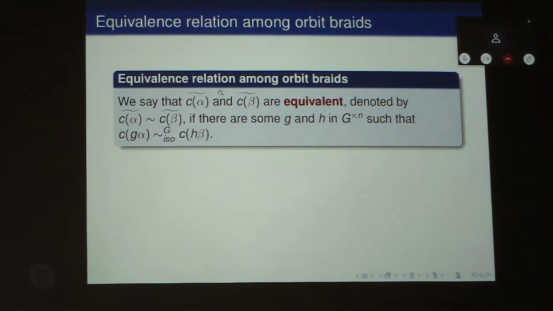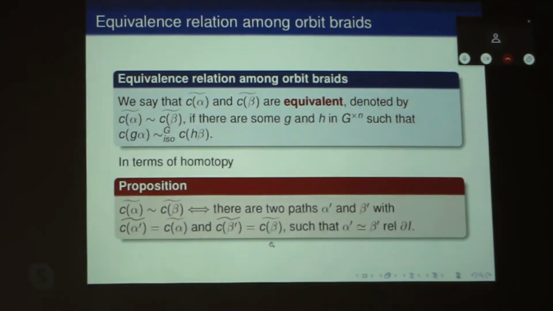Two orbit braids are equivalent if there is some element of G in this group such that this condition holds. Also, we can get this result in terms of homotopy.